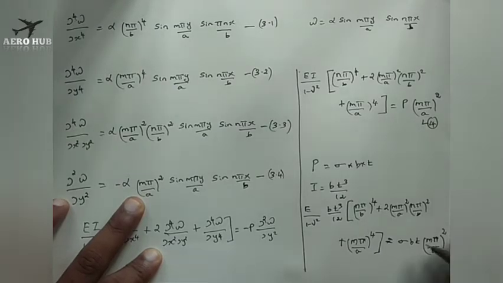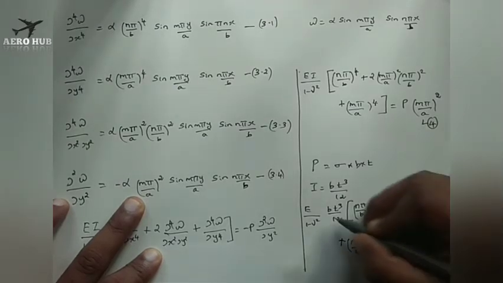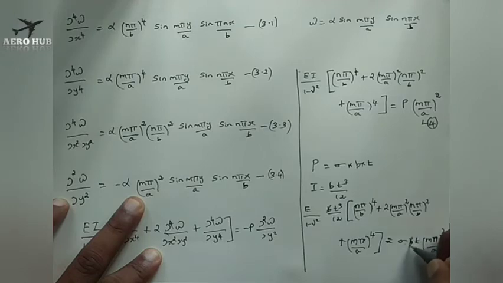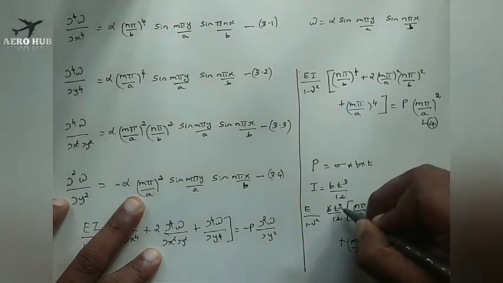Here I have a term of b and here also b, so these two will be cancelled, and we have a thickness term, and this will be equal to t².